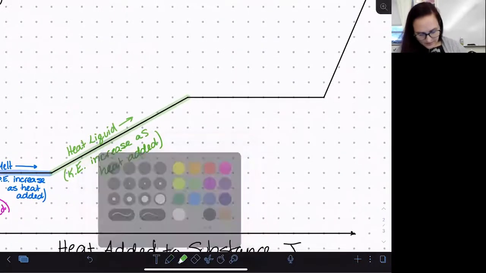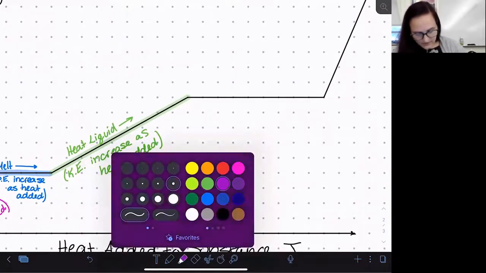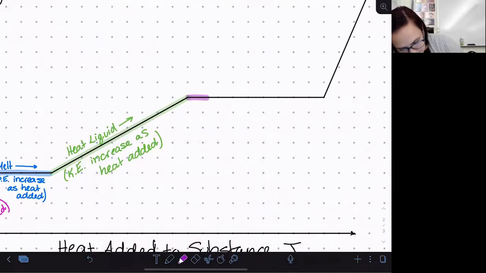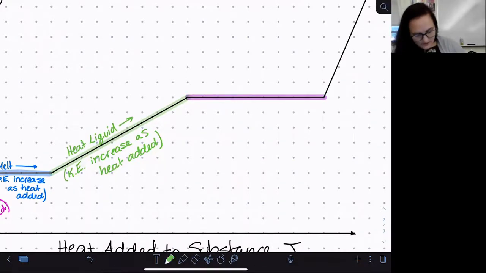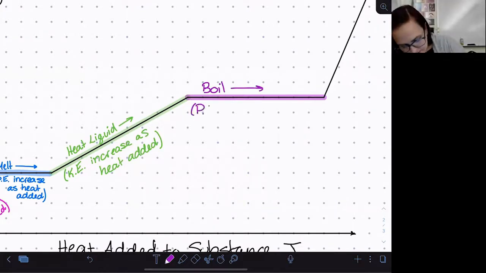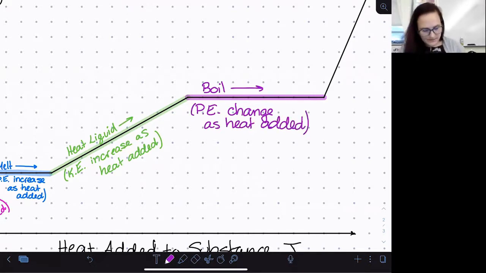So as we're moving across this portion is where our substance is undergoing boiling. So we're boiling our liquid as we add heat, converting it into a gas, which means that it is the potential energy changing as heat is added in this region.